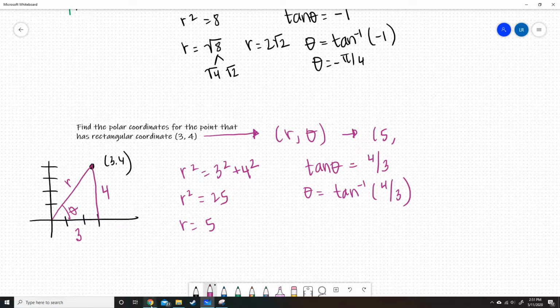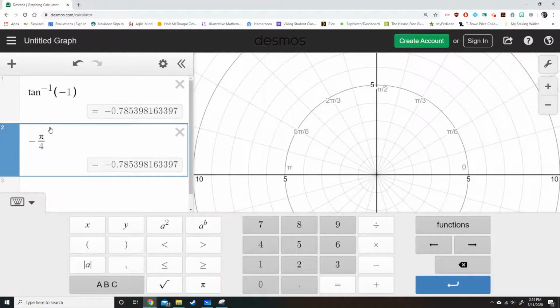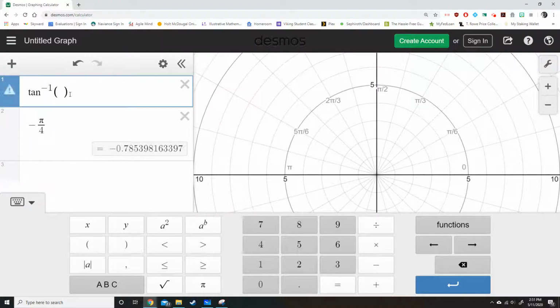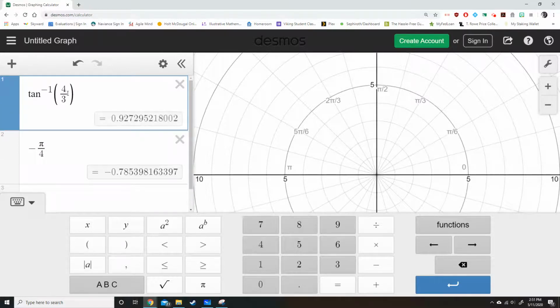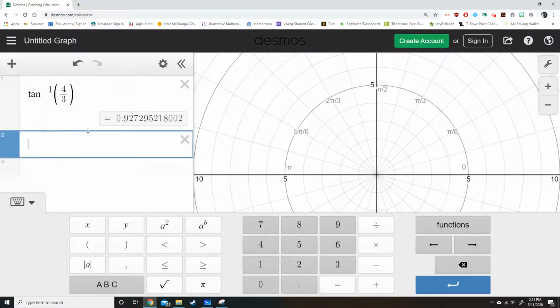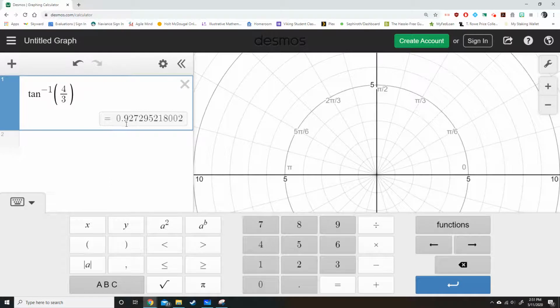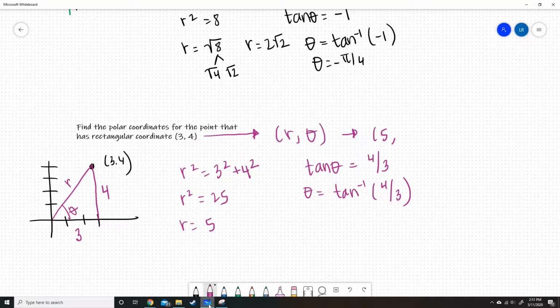I need to grab my graphing calculator. And I get 0.92729, and so on. Let's just round that to 0.93 radians. So theta equals 0.93 radians.